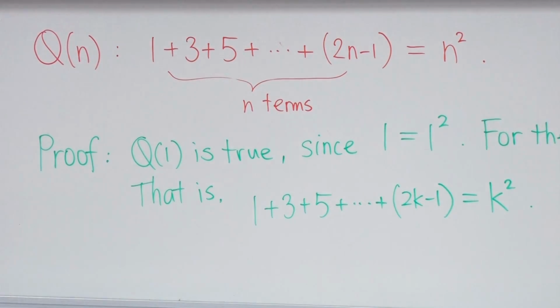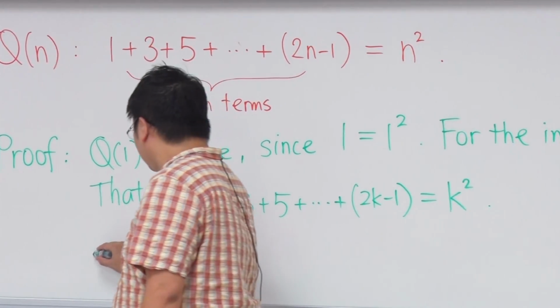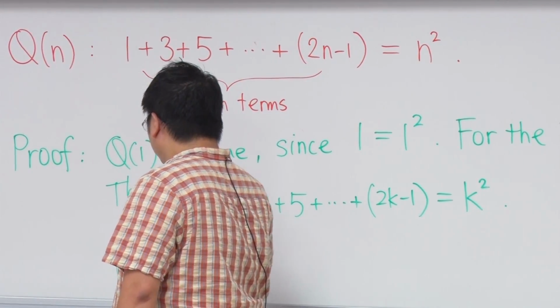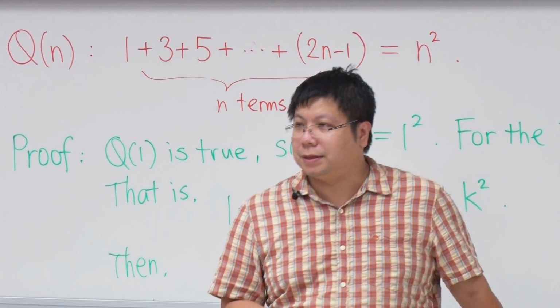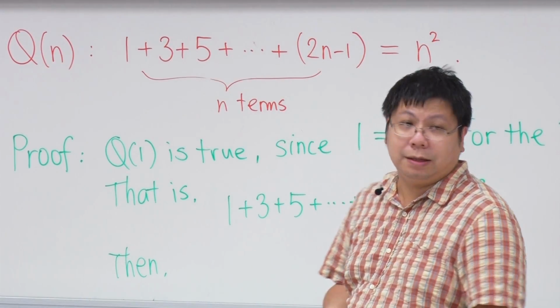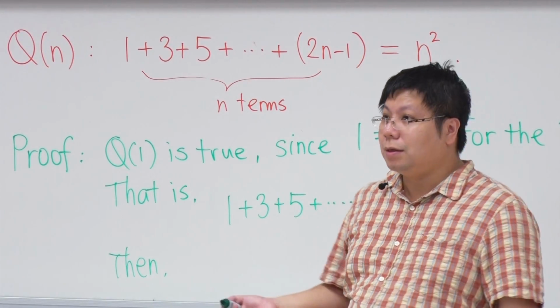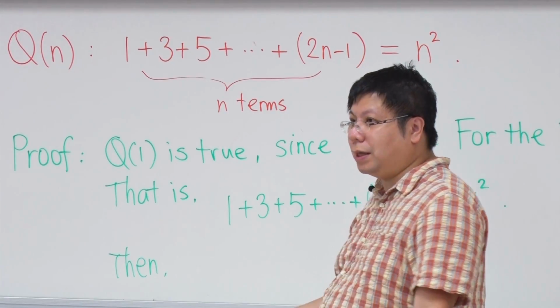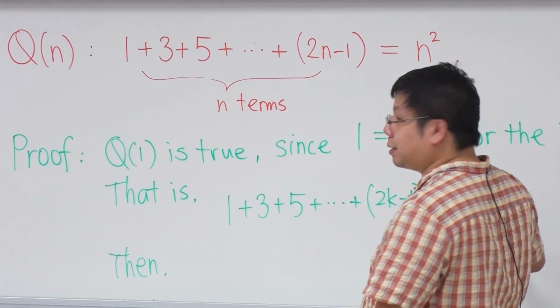Is that okay? Then what do we want? We want to see what happens when we are considering the statement when n is equal to k plus 1. We want to show that Qk plus 1 would then be true under this assumption.